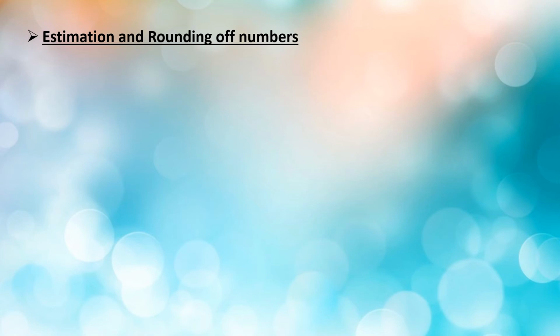We take a guess and give a number which is close to the exact number. That is called estimation. So what are we doing in order to estimate the given number? We estimate or guess approximate values by rounding off the numbers.